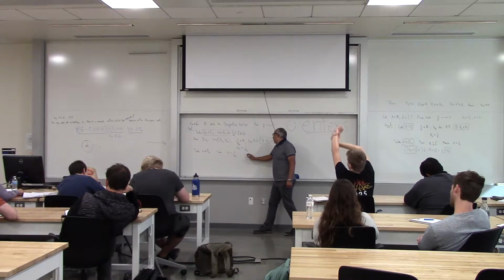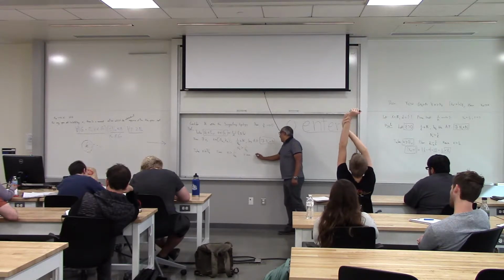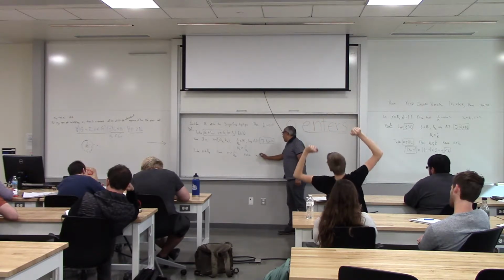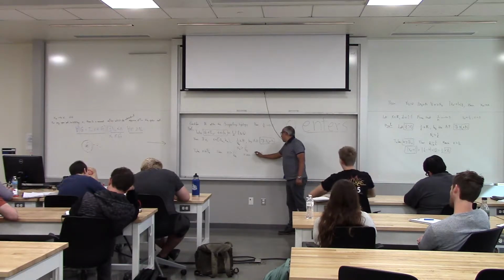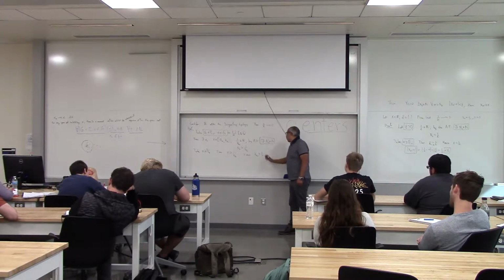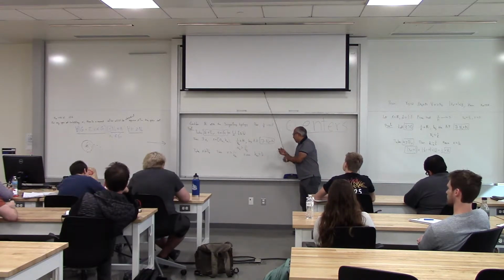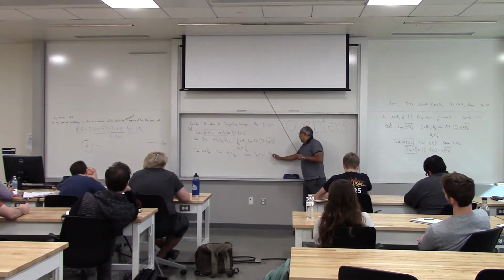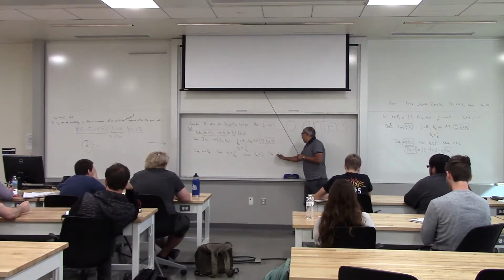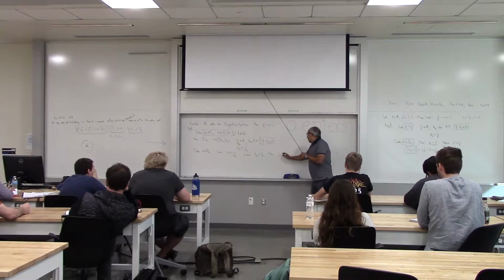Hence, b alpha 0 is greater than 1 over n, and that I achieved. Let me show you.